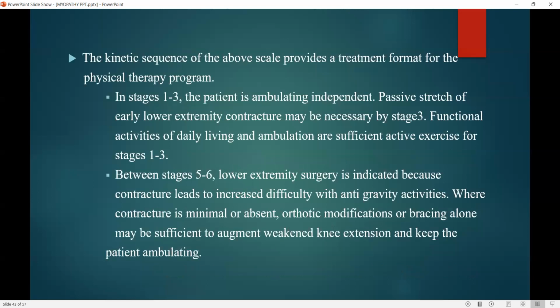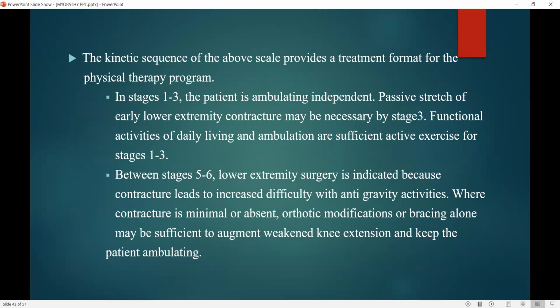The clinical sequence of the above scale provides the basis for the physical therapy program. In stages 1 to 3, the patient is ambulating independently; passive stretching starts early. Lower extremity contracture release may be necessary by stage 3. Functional activities of daily living and ambulation are sufficient exercise for stages 1 to 3.